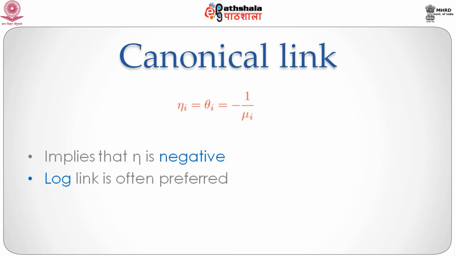As we know that the mean of a gamma distribution is positive, this implies that eta is negative, and this has more implications for the values of the regression coefficients beta. The canonical link is thus not used very commonly for gamma regression, and the more popular link is the log link.